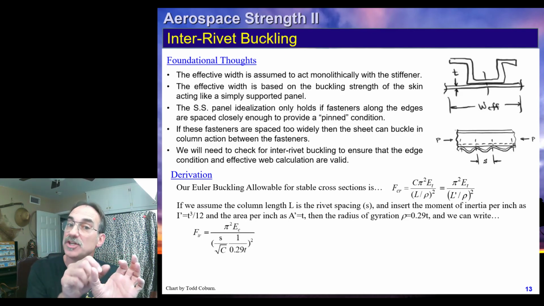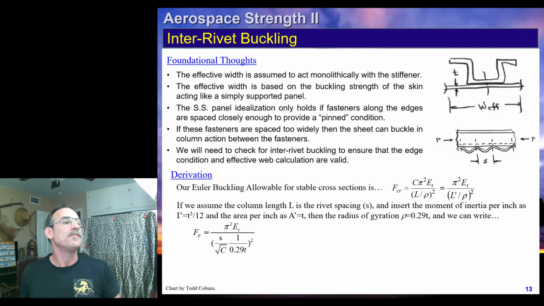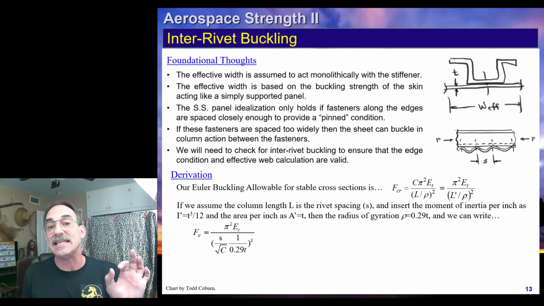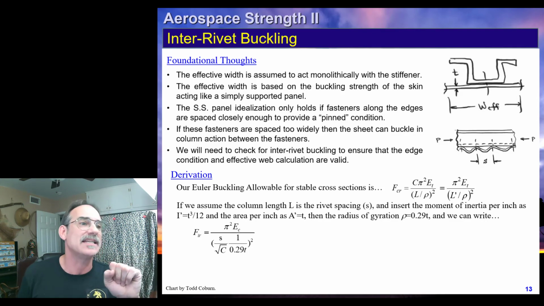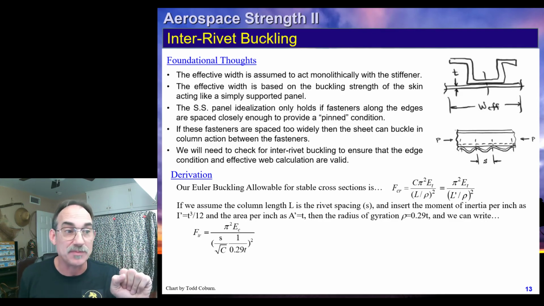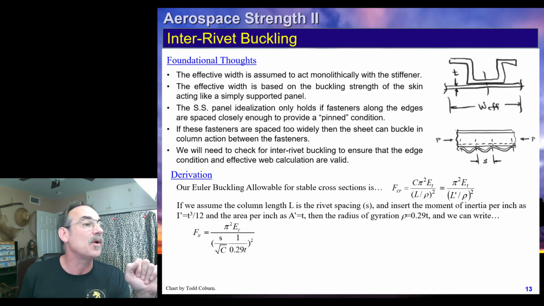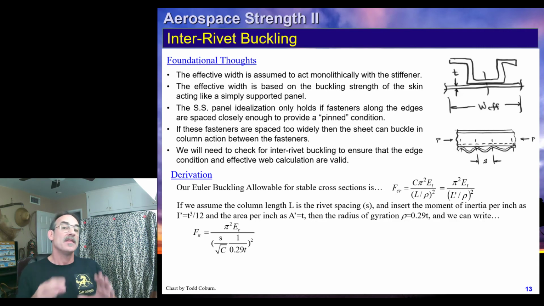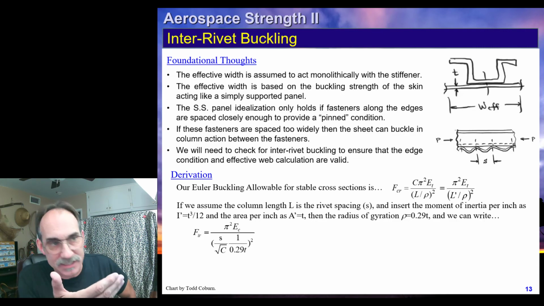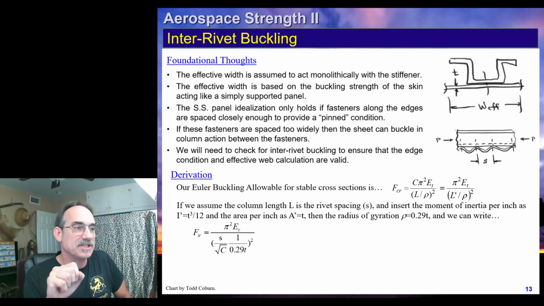Without the width dimension, we'll make it a per inch basis. And the area is just b times t, but if we just say t, it's just a per width basis. Therefore, our radius of gyration, the square root of I over A, is 0.29 t, and we can write this equation like this. You'll notice I've switched the E, the modulus, to E sub C, that compressive modulus of the skin.